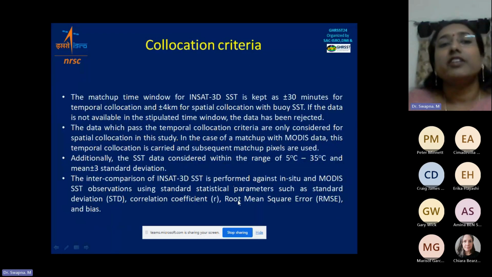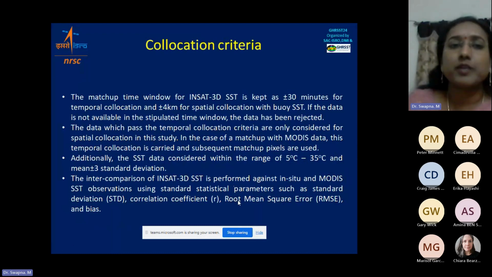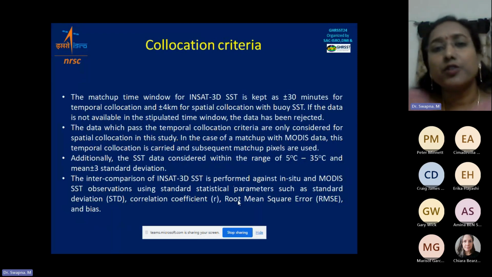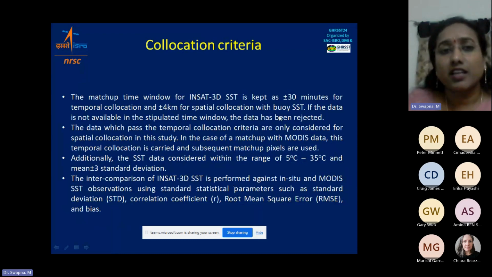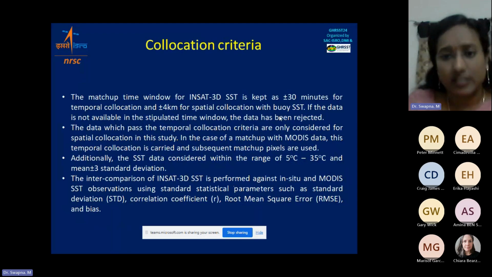Whenever we are doing any intercomparison or assessment, we need to correctly match the in situ data with satellite observation. For this, the collocation criterion I have followed is plus or minus 30 minutes for the in situ observations with the INSAT-3D SST. If a satellite observation is missing, I can take the minus 30 minutes if data is available, or plus 30 minutes if data is available.